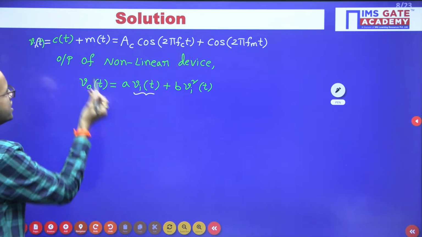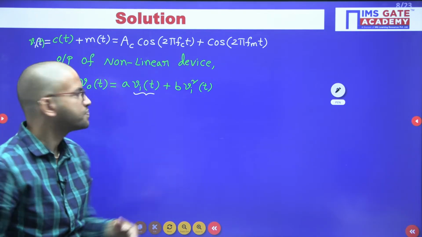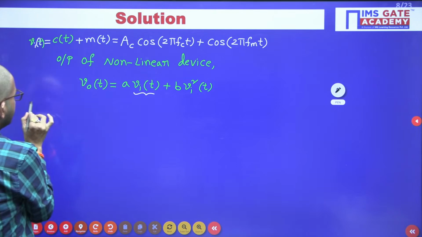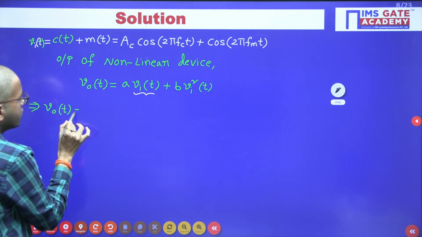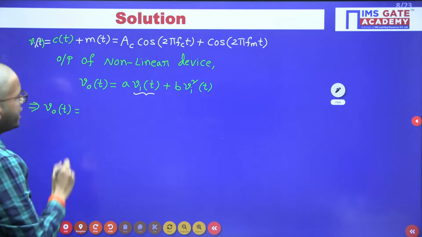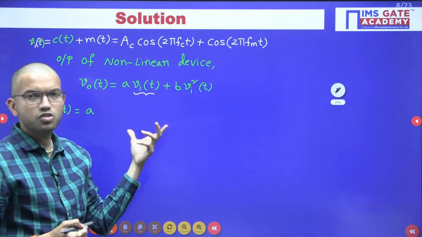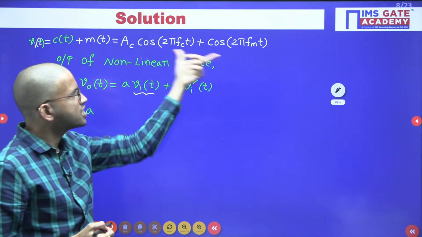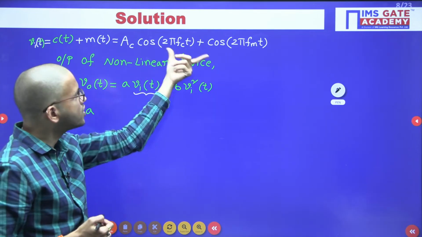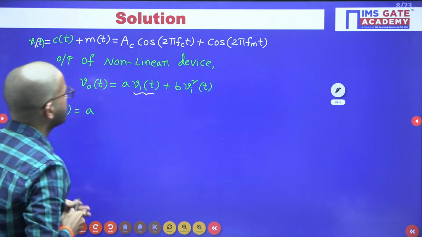For the timing, first I will write this one, and later we can directly substitute it. So we are going to get v0(t) = a into... Otherwise, if you want, you can directly substitute this entire expression in place of vi(t), no problem, because vi(t) is nothing but c(t) + m(t). Okay, right.